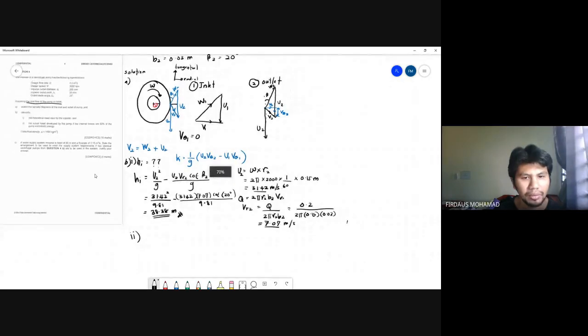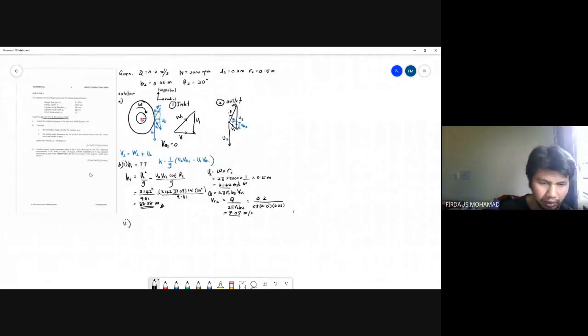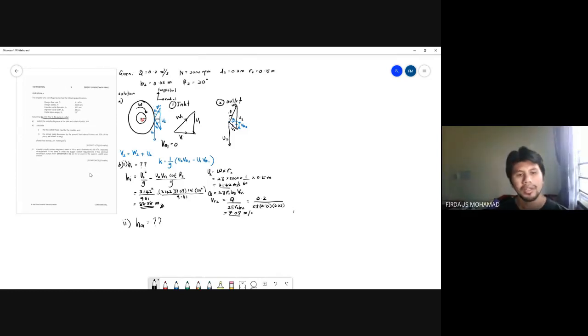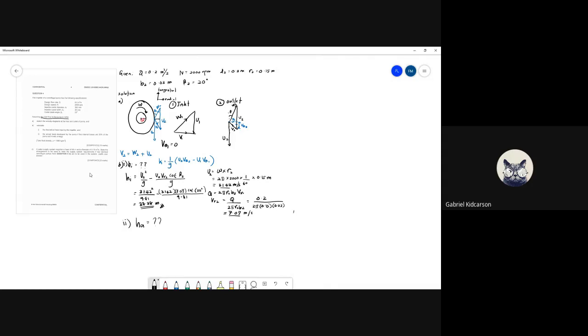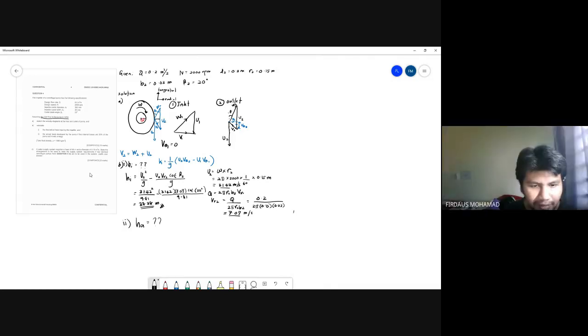Okay, so now dia nak cari H apa? H actual ataupun H pump. So any idea how to solve for this? Tak ada idea, sir. Kinetic energy?